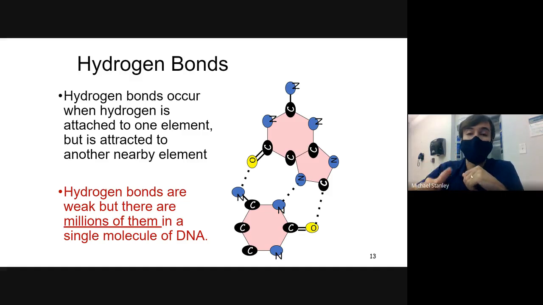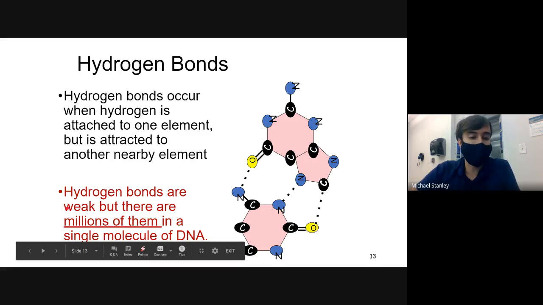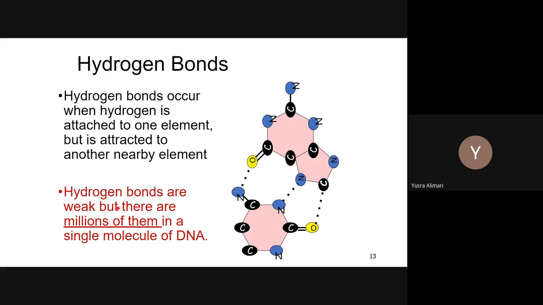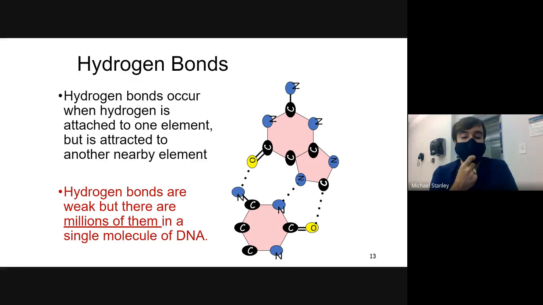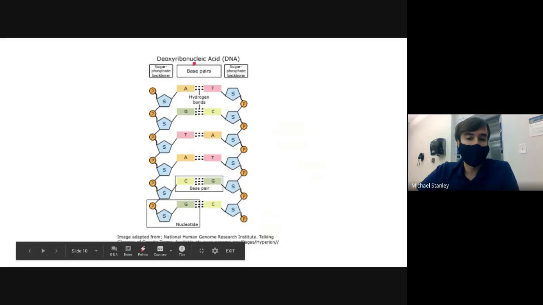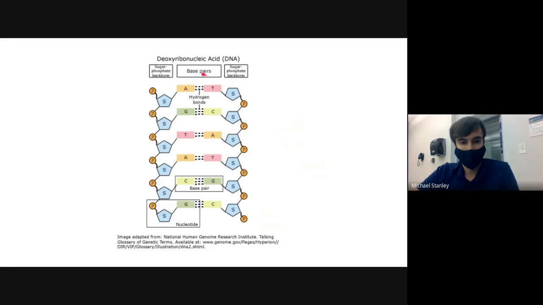But remember, the reason the DNA doesn't just float apart is that there are millions of hydrogen bonds in a single DNA molecule. All those millions of nucleotides that are stacked up on either side have hydrogen bonds connecting them across the middle. That is what the little lines in this picture are representing.